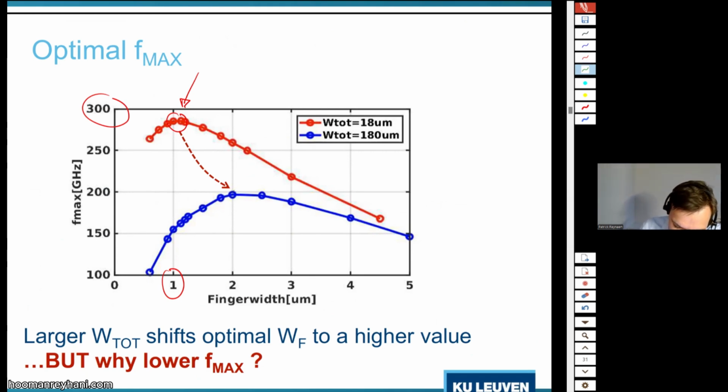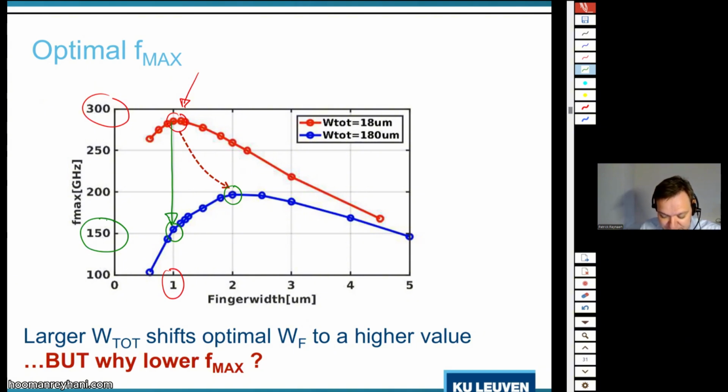But if you draw a layout of an actual transistor that you would like to use in a power amplifier, you first see this. If you would be tempted to use the same 1 micrometer, you divide your fmax by 2. So you pay the same amount of money for the technology. You burn the same amount of power. I'm not changing the biasing. And your fmax is divided by 2.